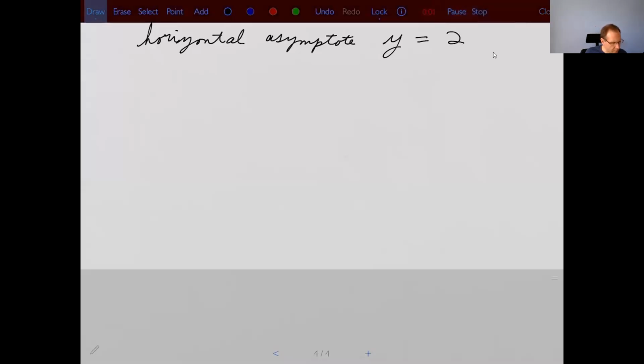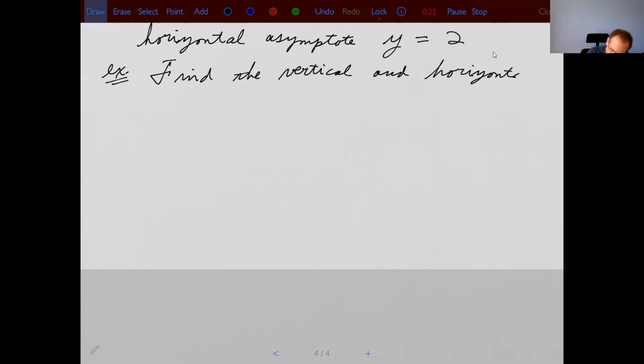Okay, so let's try this problem. Let's say we want to find the vertical and horizontal asymptotes of this function.